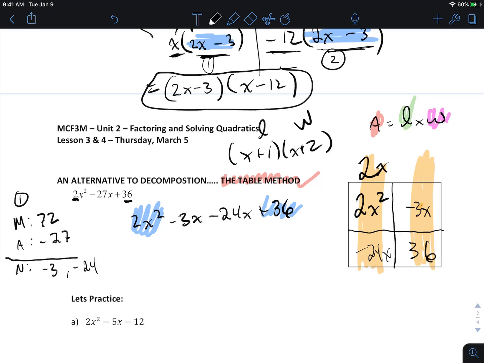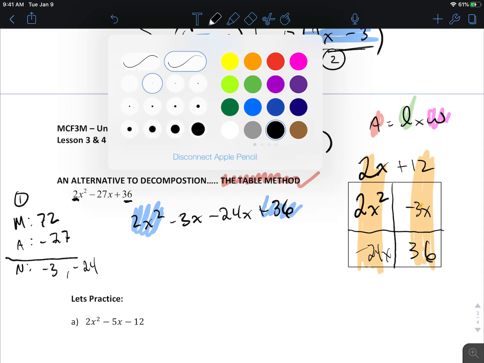So I'm just going to take the 3. 3 goes into 36 how many times? This is problematic. Why is this doing this? Let's do the other one. Okay, so let's do this side now.